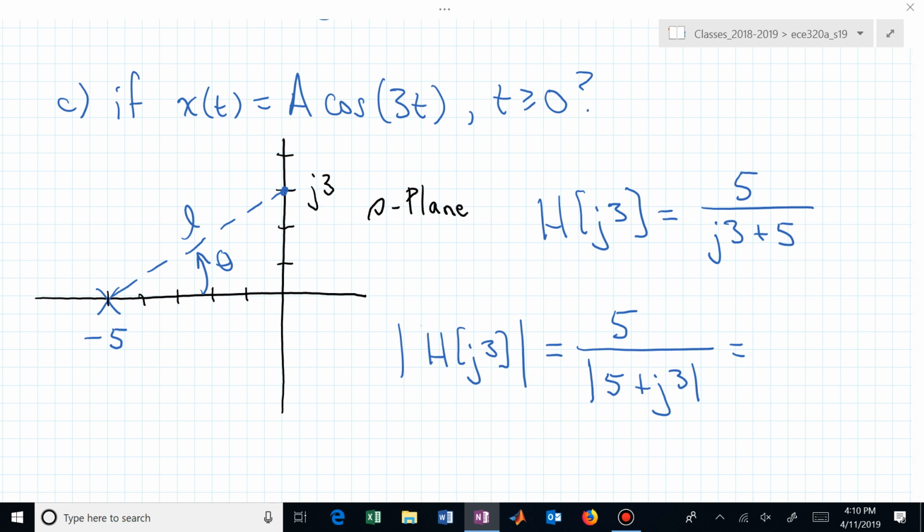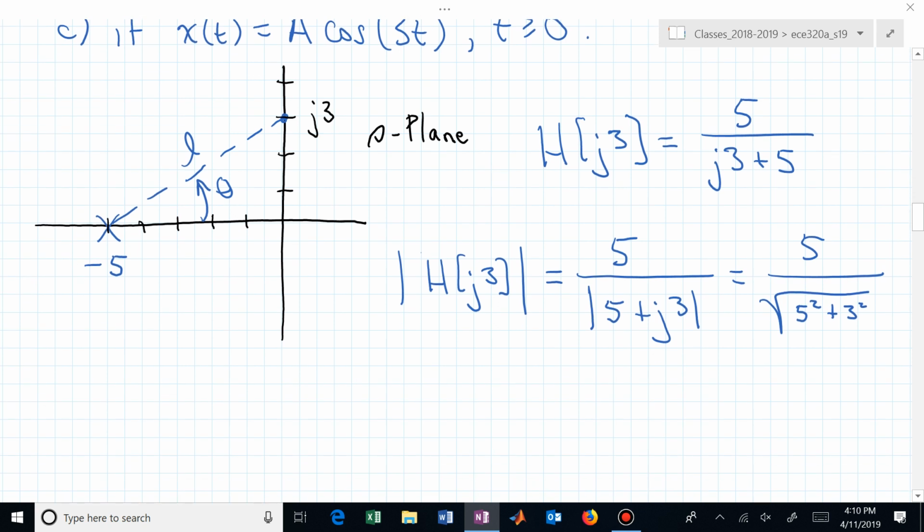I have one side length of 5, and the other side length is 3. I can now find the length of that hypotenuse. So this is 5 over the square root of 5 squared plus 3 squared, or 5 over the square root of 34.